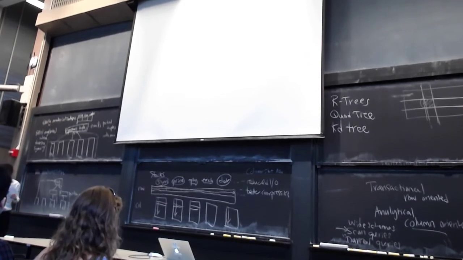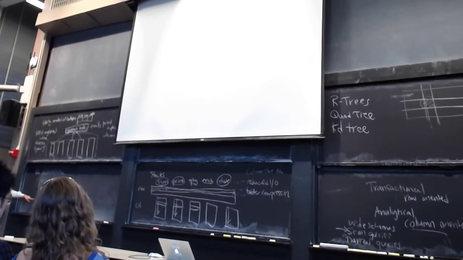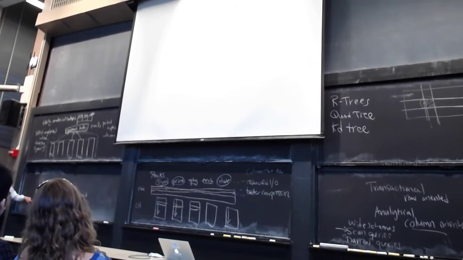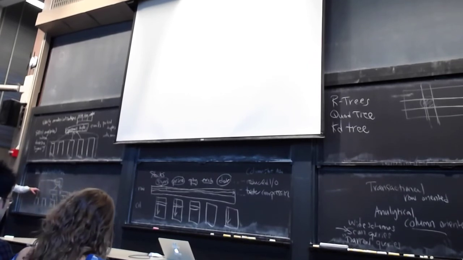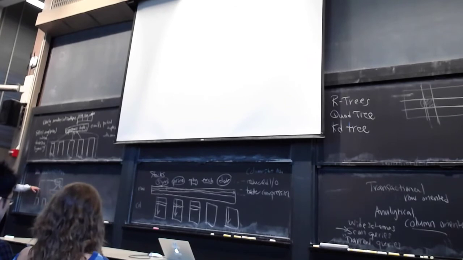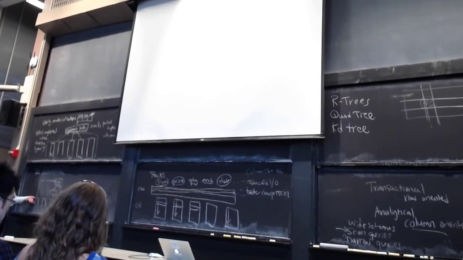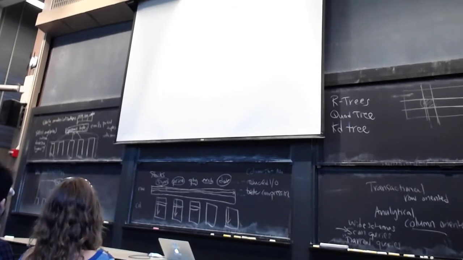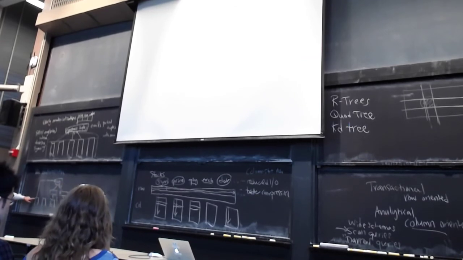Now there's this question about how much this really buys me, because again, I might have to look at all these things. Whether I have to read all those bits or not depends on whether I'm going to get a reduction in the amount of data read. We still have this sequential I/O problem, which is that it's so much more efficient to read a column sequentially than it is to read it randomly. If these bits are randomly distributed throughout the whole column, I may not get a huge reduction in the amount of data that I have to read.